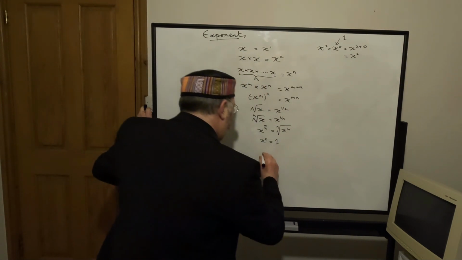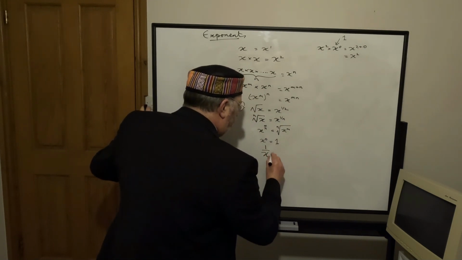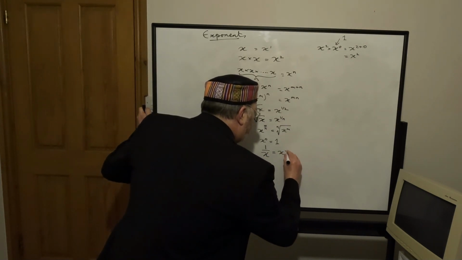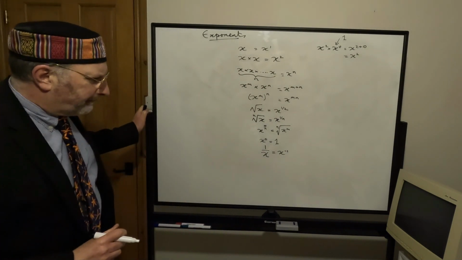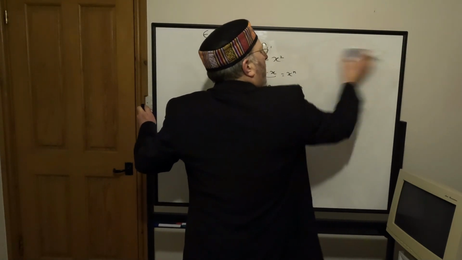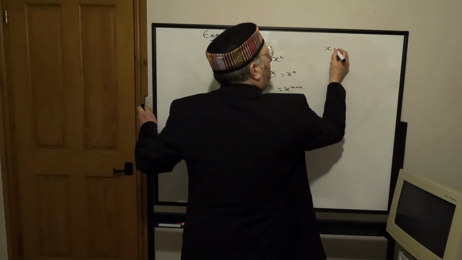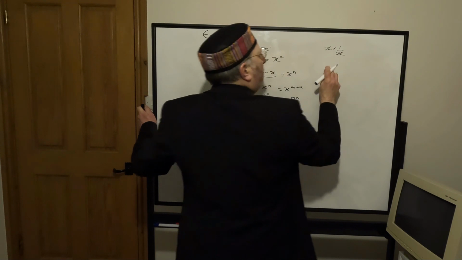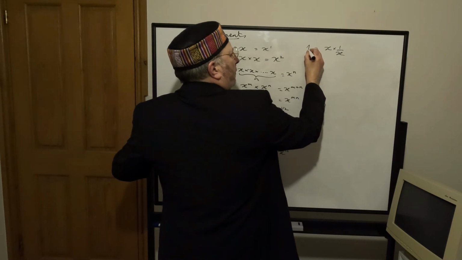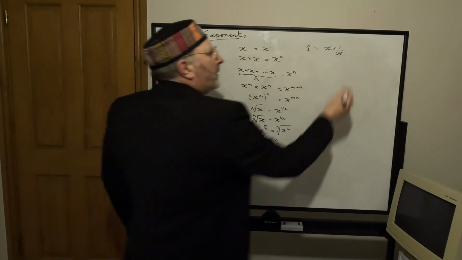The next thing we need to know is that if we've got 1 over x, 1 divided by x, that is written as x to the minus 1. And let's just check the consistency of that, see why that works. If we've got x times 1 over x, the x's cancel, that's just going to be equal to 1. X divided by x is 1, whatever x is.